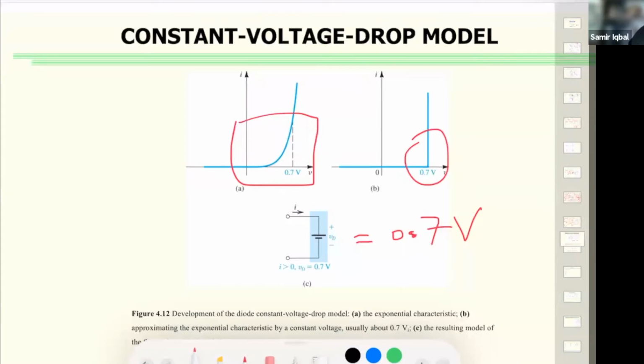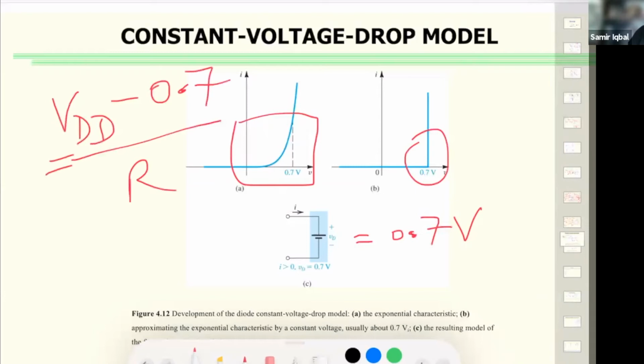So if you have a power supply of 5 volt, for example, and a voltage drop of 0.7 volt, with whatever resistance, we can find the current through a diode: the applied voltage minus 0.7, divided by the resistance.